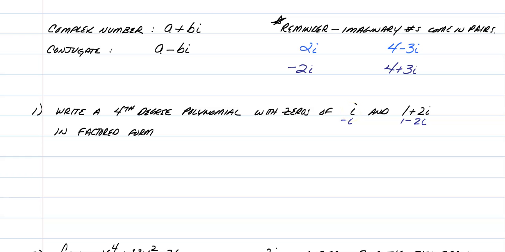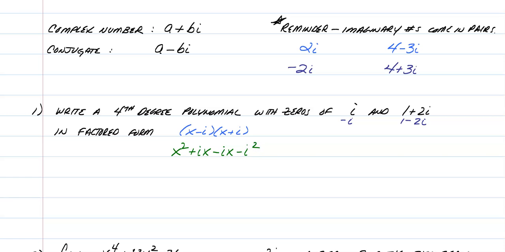That would be an i would come from x minus i, and a negative i would come from x plus i. And what you would do is FOIL those. To do that, it's just x times x is x squared, x times a positive i is positive ix, negative i times x is a negative ix, and then a negative i times a positive i is a negative i squared.